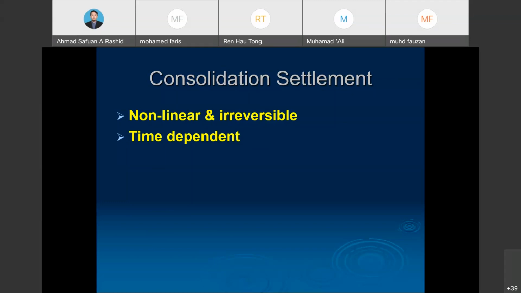So in this case, we may learn first how to estimate the process of consolidation, and what is the value or the magnitude of these deformations due to this consolidation settlement. Beside that, we need to know what are the important consolidation properties and consolidation characteristics. Seperti biasa ada soalan tanya.